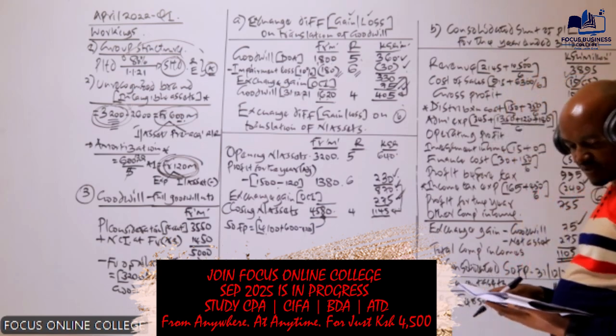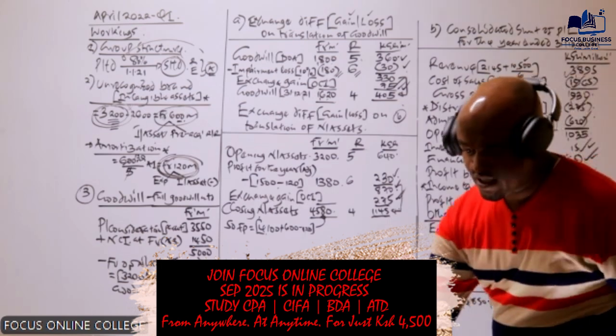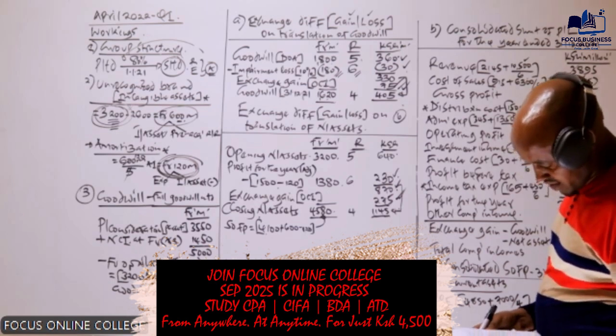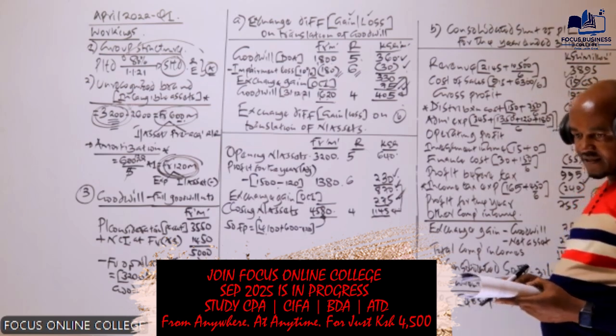The closing exchange rate as per note number 5 is 4. No adjustment here because there was no item of PPE which was revalued. So I'm getting 66. Are you getting 66?